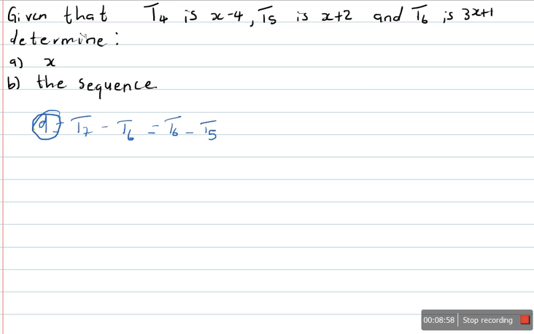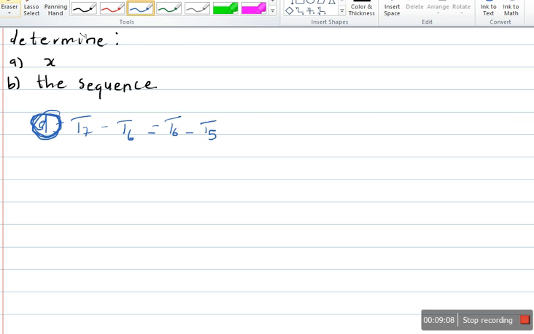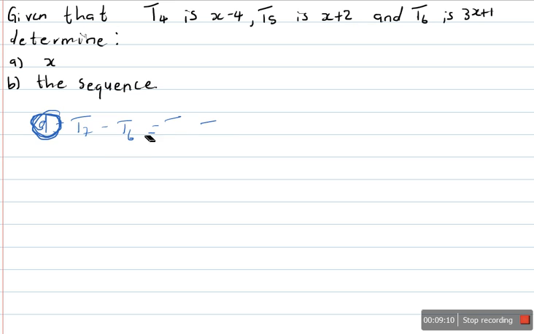That was for the arithmetic sequence, where we used the common difference. But in this case we won't use the common difference, we use the common ratio, because this is a geometric sequence, right?